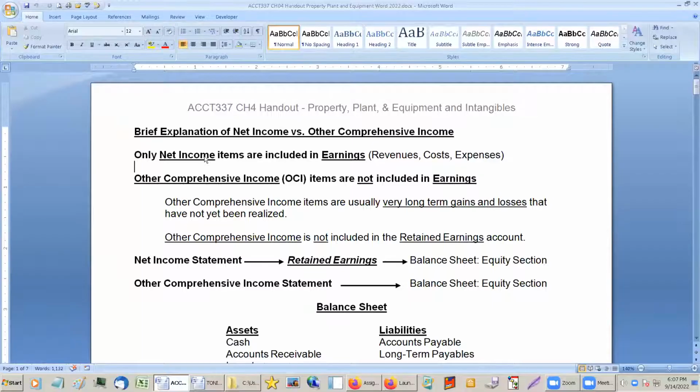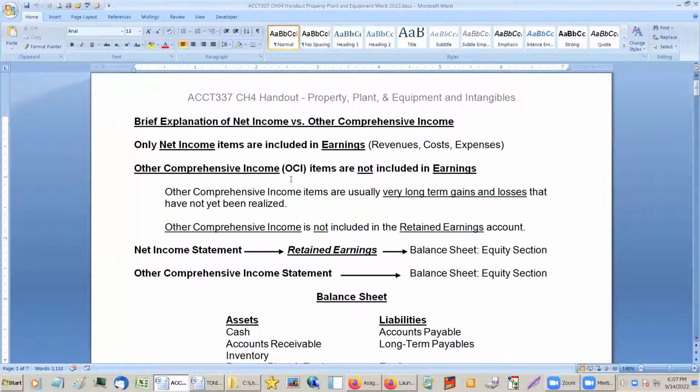There's actually 2 ways to report other comprehensive income. You can either tag it on the bottom of the income statement, which a lot of companies used to do, or you can make a completely separate statement that includes those things that are what they call other comprehensive income. You may have gone over this in other classes, I'm not sure.